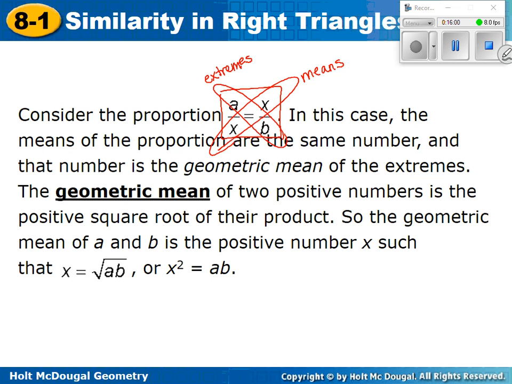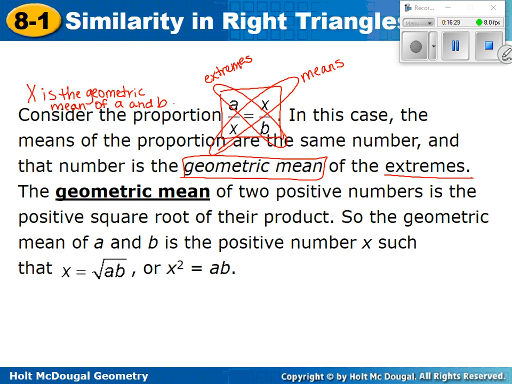And that that number is the geometric mean of the extremes. So what they're saying there is X is the geometric mean of A and B. Okay, that number that's in that diagonal will be the geometric mean of A and B.